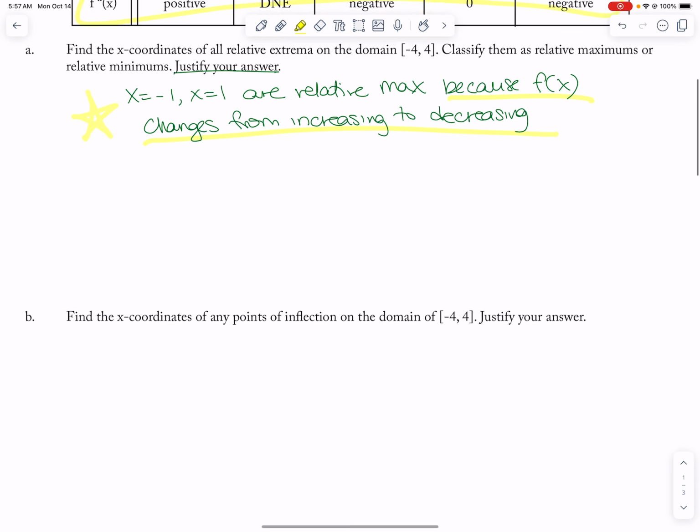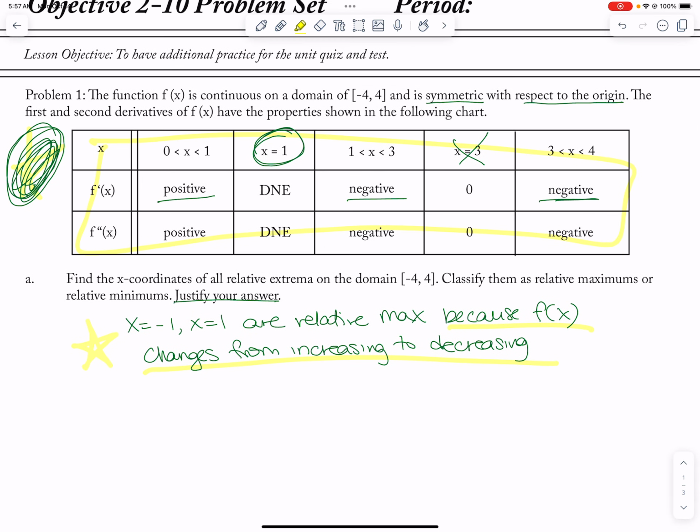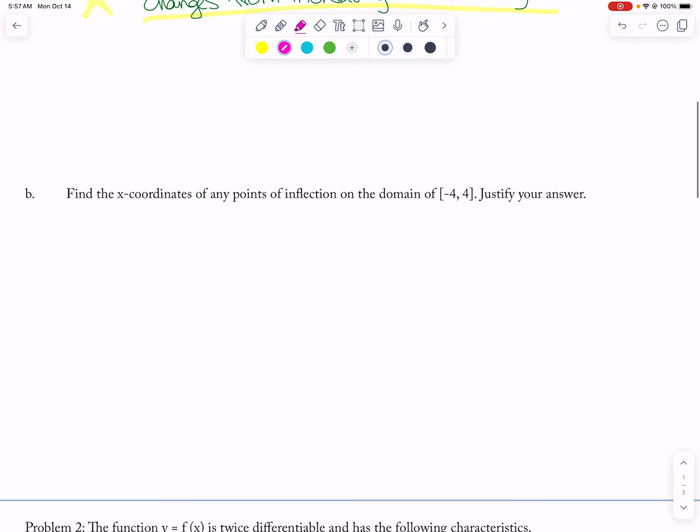Okay, and then points of inflection. So now again, it has to change concavity. So here it's concave down and concave down, so that doesn't work. So the only one that I have is positive to negative, which is also at x is equal to 1.